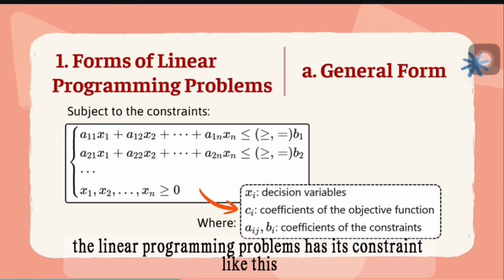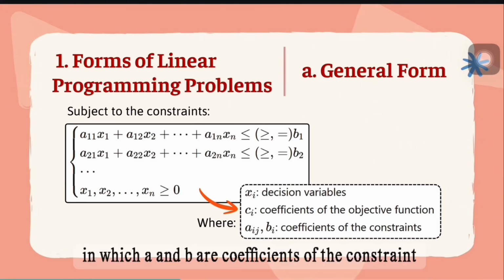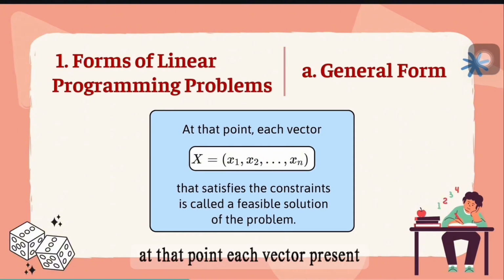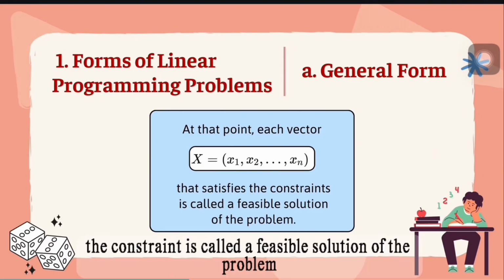Moving on, the linear programming problem has its constraints like this, in which A and B are coefficients of the constraints. A vector X that satisfies the constraints is called a feasible solution of the problem.